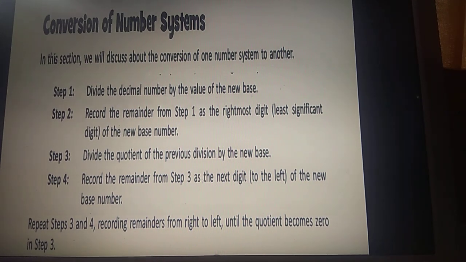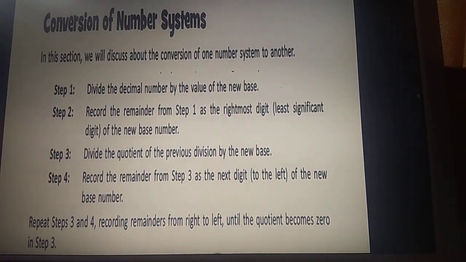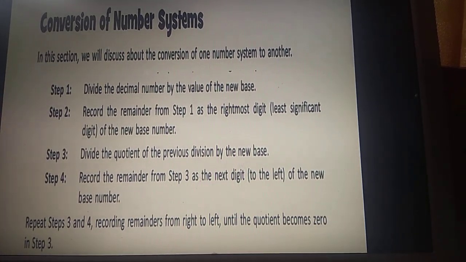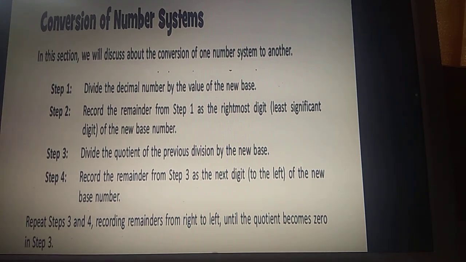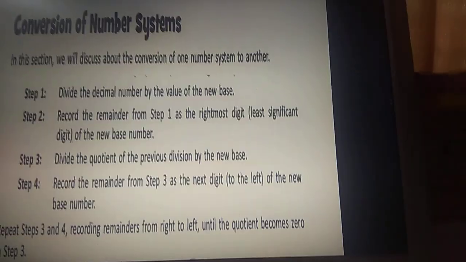Step number 3 will be repeated until the quotient becomes 0. So we will keep dividing by 8 till the quotient becomes 0.